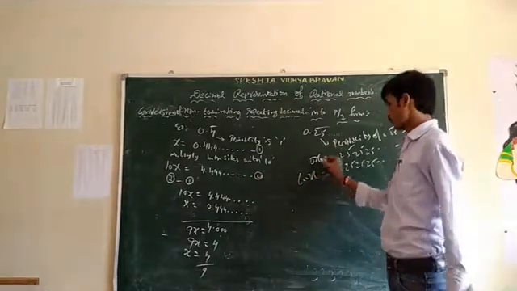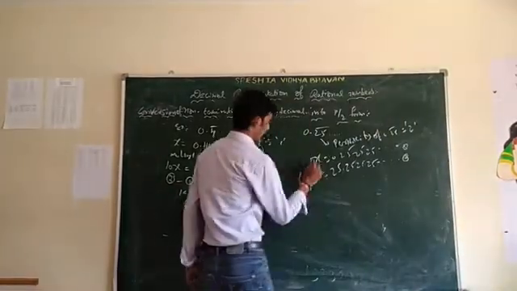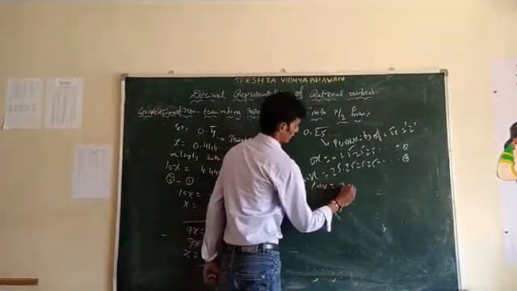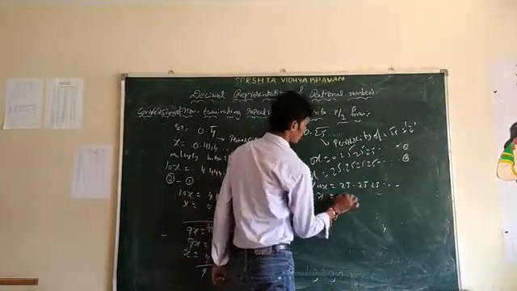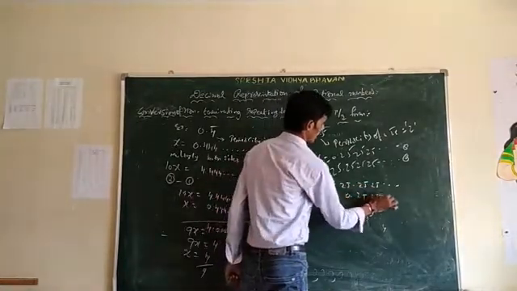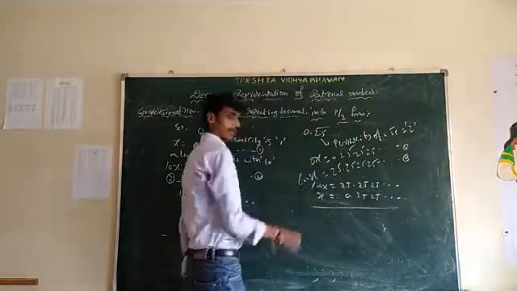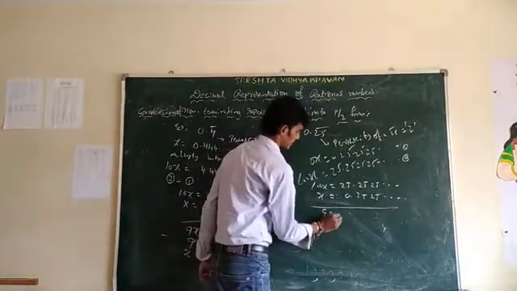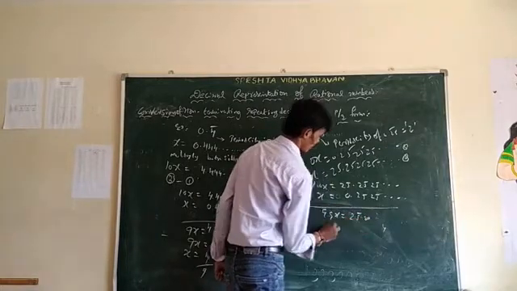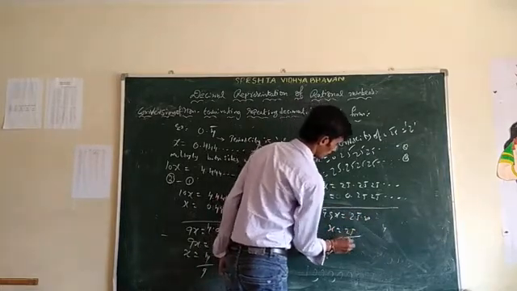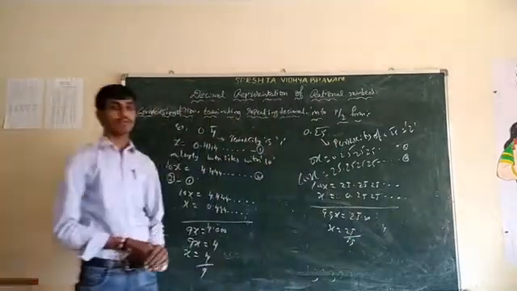So 100x is equal to 25.2525 and so on, and x is equal to 0.2525 and so on. So 100x minus x, that is 99x, is equal to 25. So x is equal to 25 by 99.